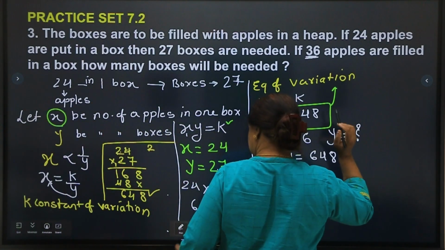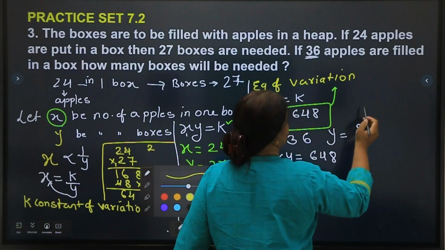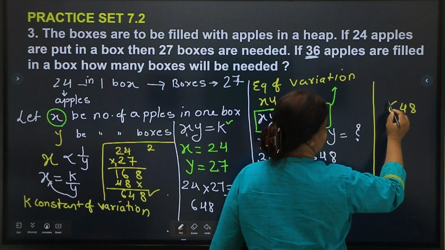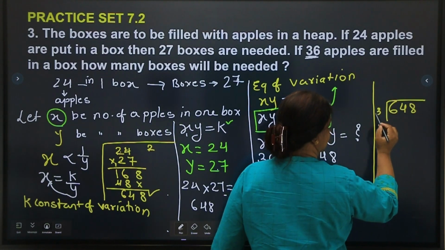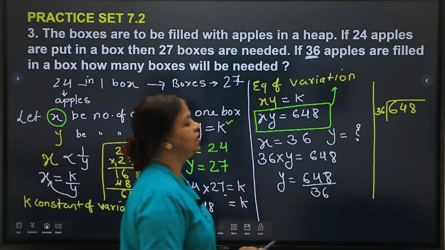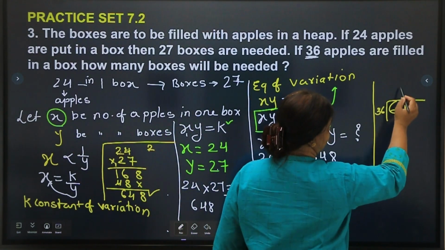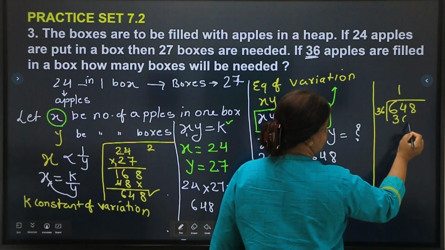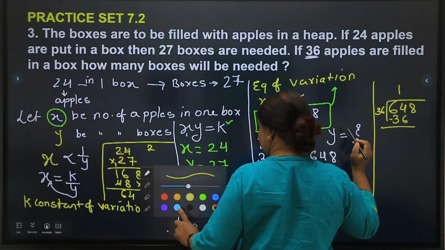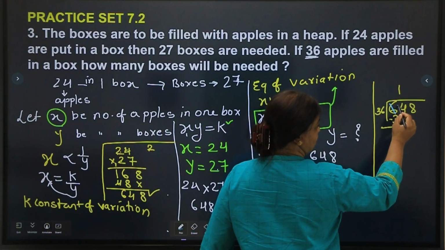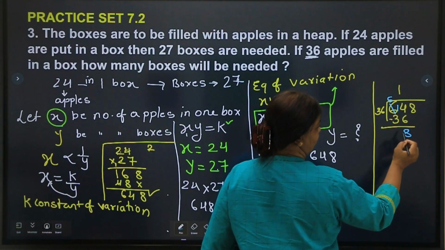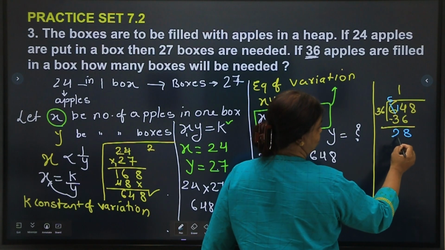So let us divide it here. 648 divided by 36. 36 twos will be 72. Here it is 64, so we will write 36 ones are 36, minus. We will carry 1 from here because it is 4, and here it will be left 5. 14 minus 6 will be 8. 5 minus 3 will be 2.